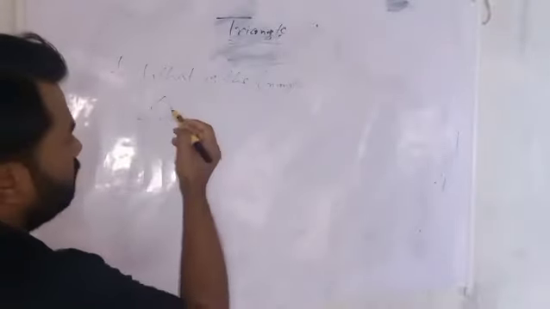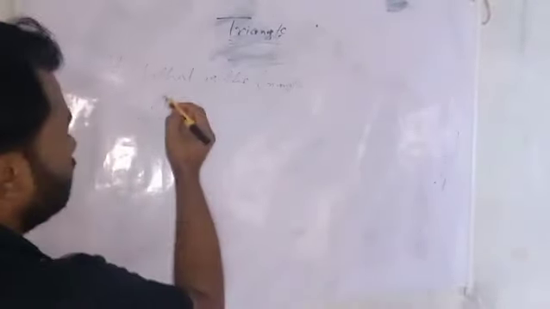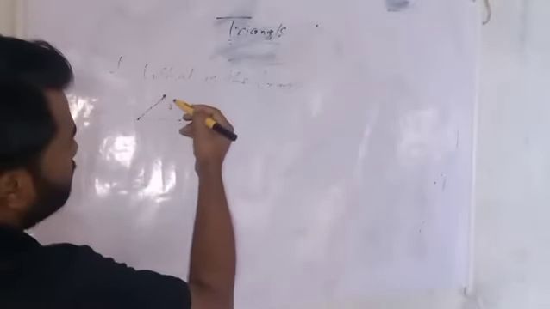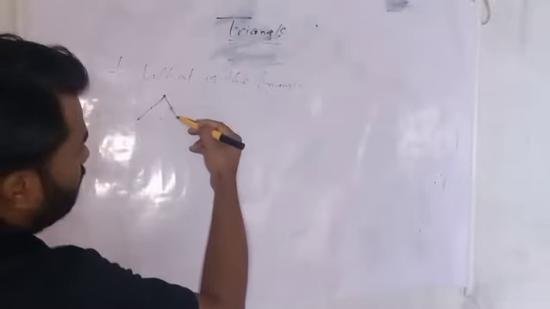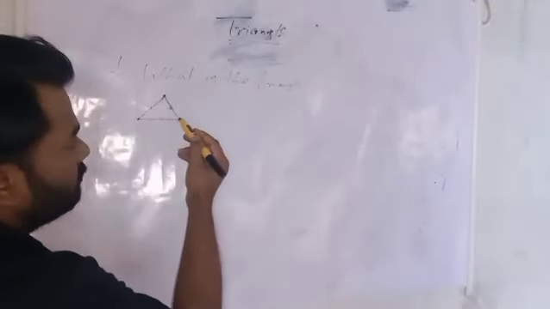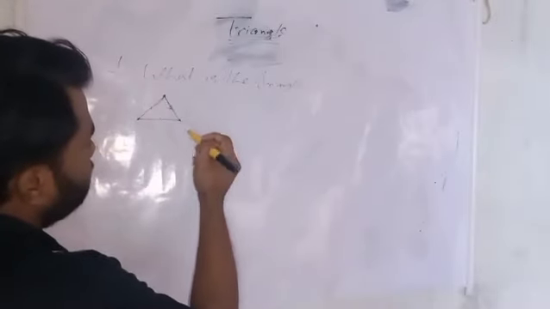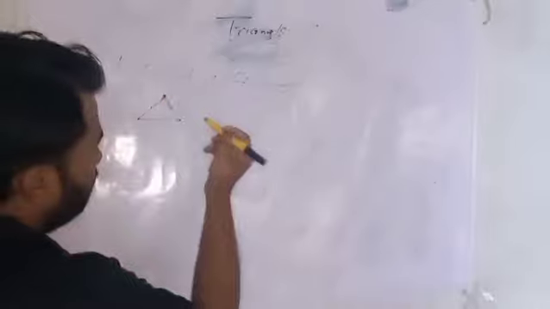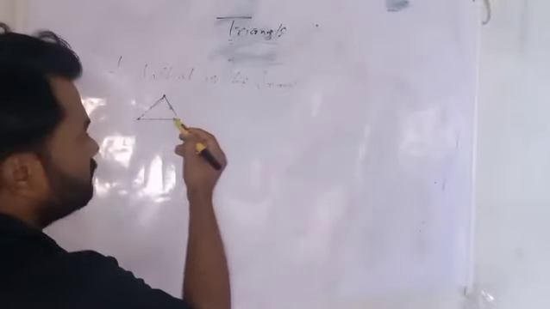It is not necessary that all sides are equal, but the main point is that all three sides are closed. That means one side is attached to another side, and the third side is also attached to them. Enclosed surface means all sides are attached.